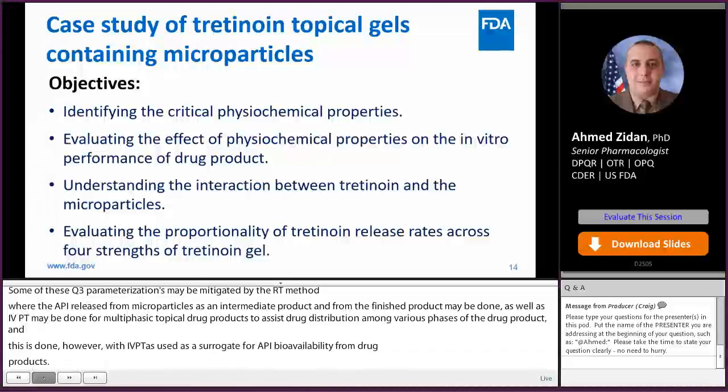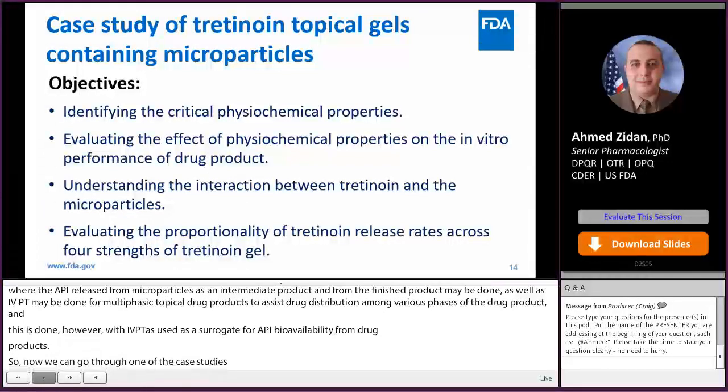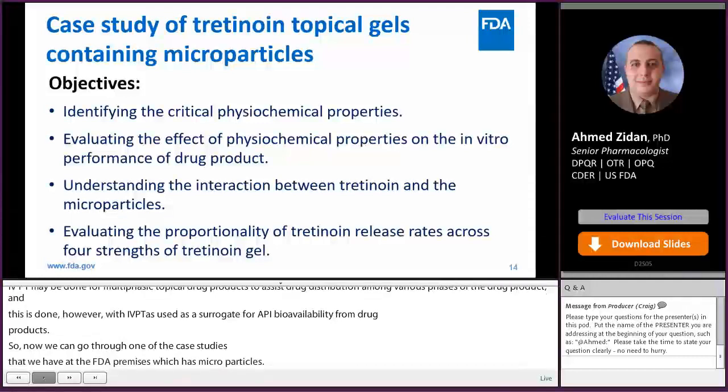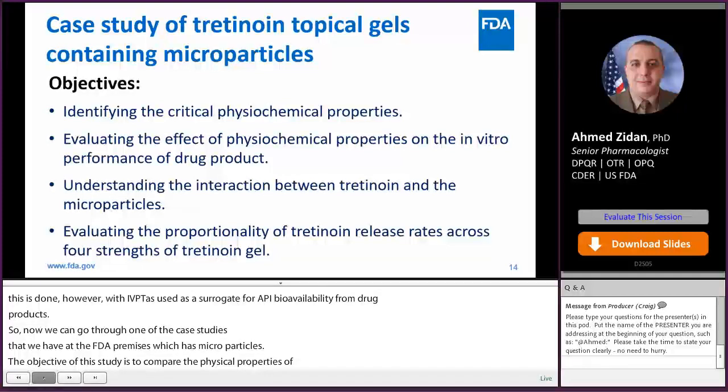The objectives of this study are to compare the physicochemical properties of tretinoin-loaded microparticles prepared in-house or separated from the drug product, and to evaluate the effect of physicochemical characteristics of the microparticles on tretinoin release using an in vitro IVRT method, as well as to understand the interaction between tretinoin and the polymeric matrix of the microparticles, and to evaluate proportionality of tretinoin release and other physicochemical characteristics across 4 strengths of tretinoin gel.